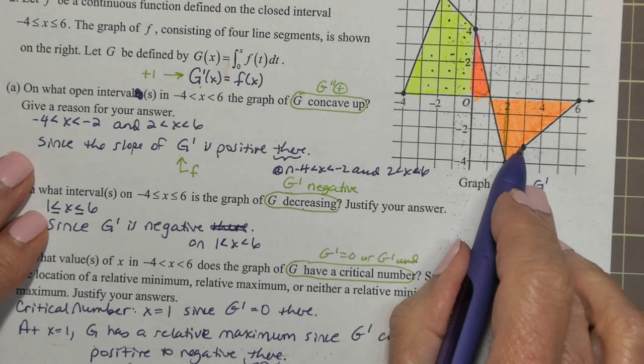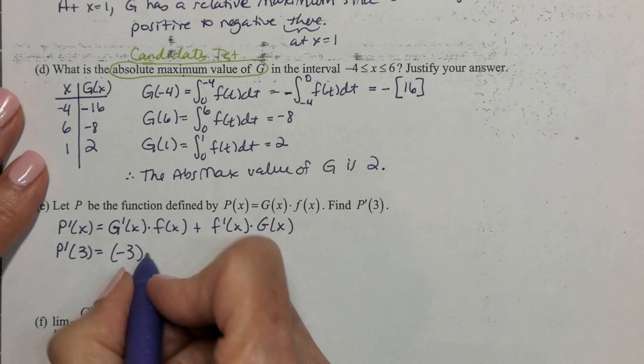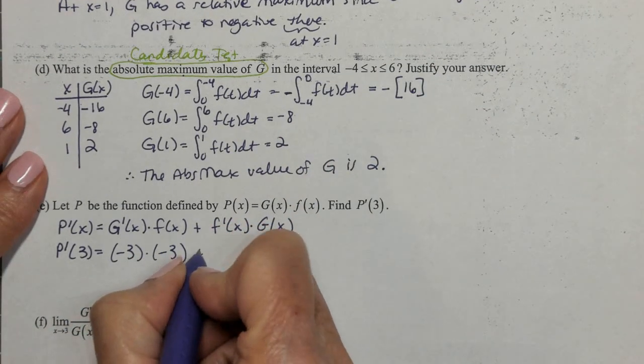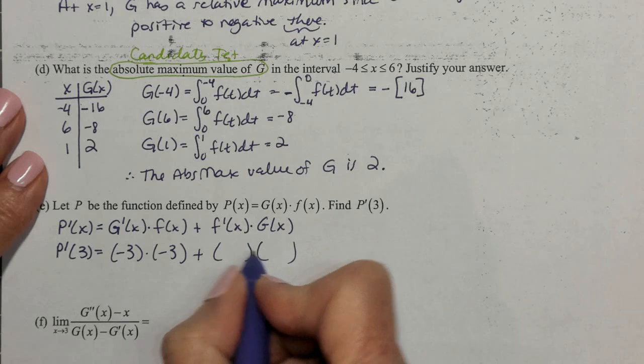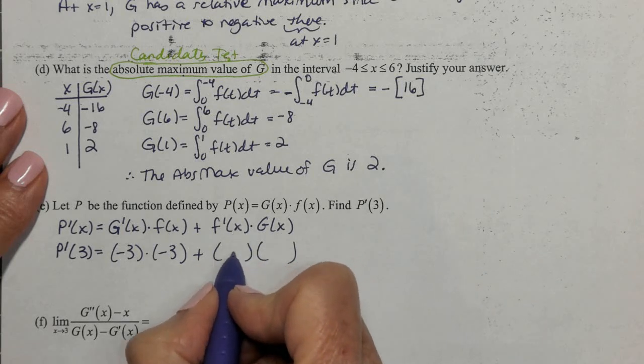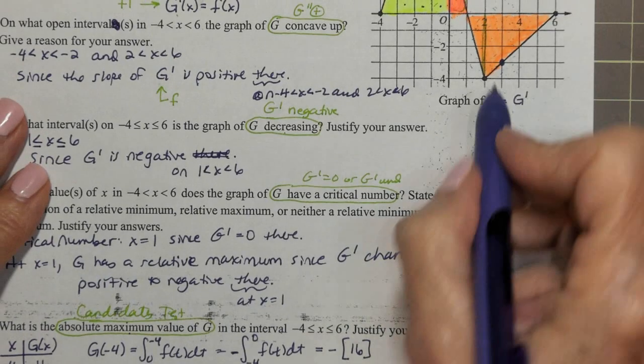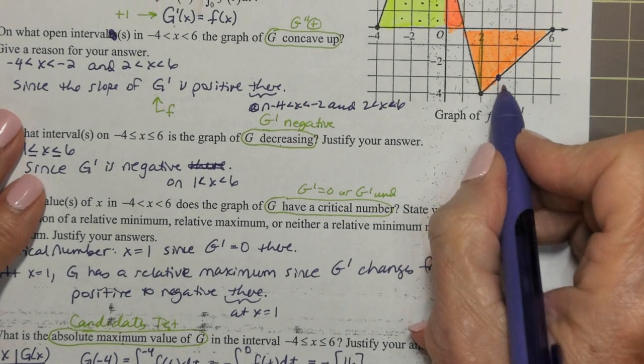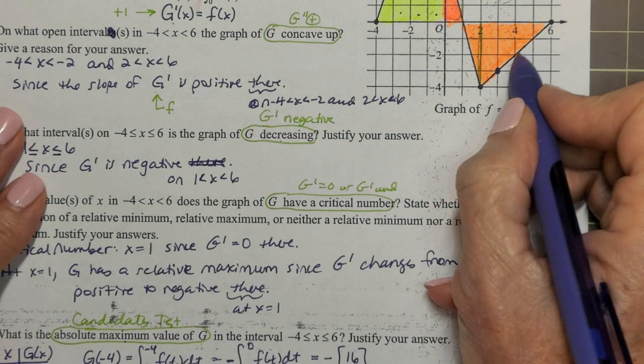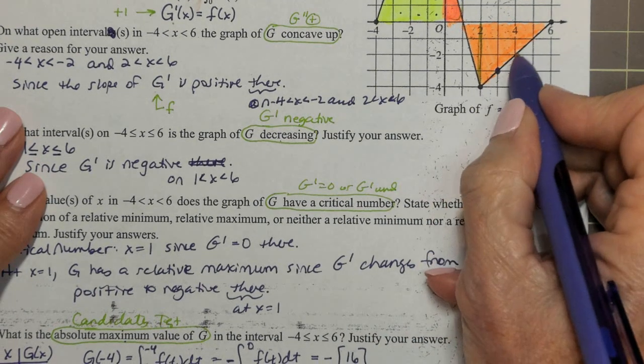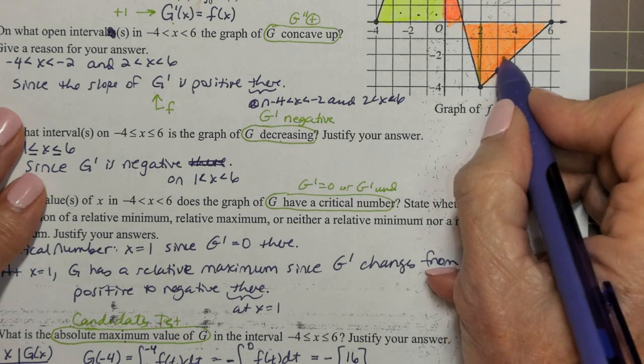Well, f of 3 is also negative 3. Okay, f prime of 3. F prime of 3 is the slope of f at 3. And the slope of f at 3 is up 1 over 1, so 1.